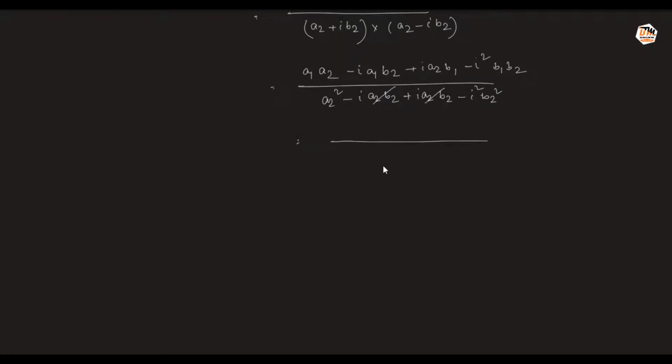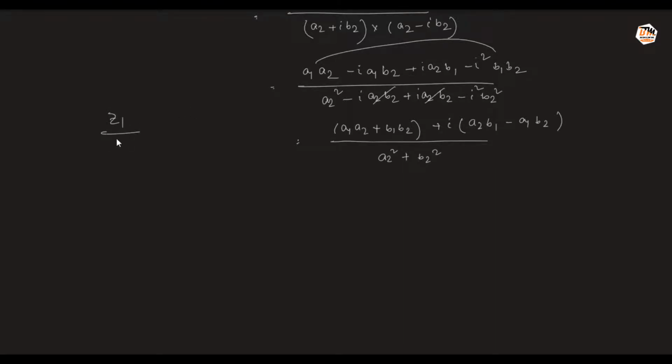From the lower part, this is the same with different sign, so a2 square, and i square is minus 1, so minus minus plus b2 square. In the upper part take a1 a2, and i square is minus 1, so it will be plus b1 b2. Take common i from these two, so plus i, then a2 b1 minus a1 b2.